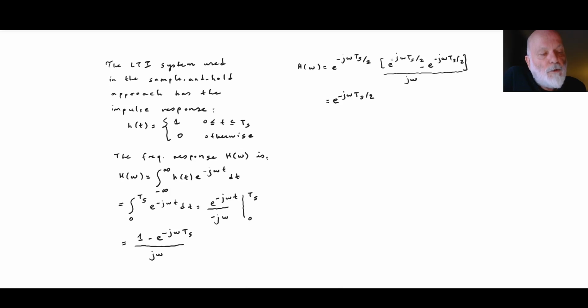The term in the numerator is 2j times sine of omega Ts over 2, divided by j omega. The j's will cancel out.